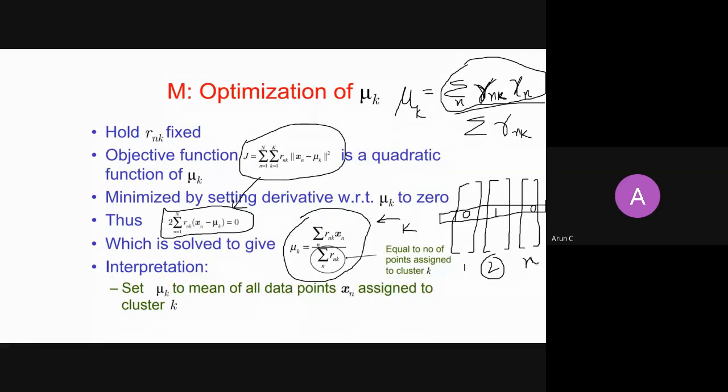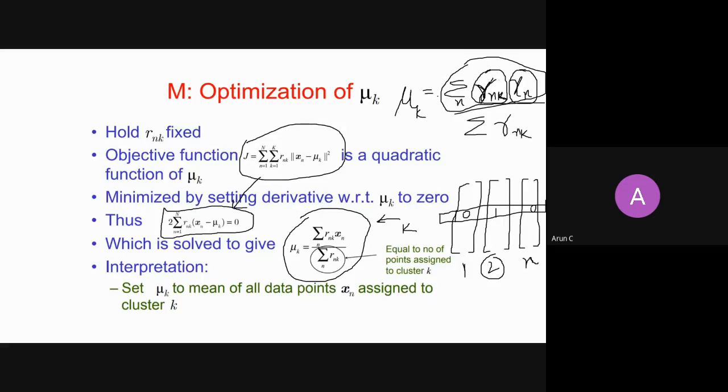This nth point doesn't belong to the kth cluster, and this first point doesn't belong to the kth cluster because r_nk is 0 here. So you are seeing that r_nk component for every r vector, and wherever it is 0, you multiply with 0, and wherever it is 1, you multiply with 1. So effectively, you are taking only those points x_n which belong to the kth cluster, right?